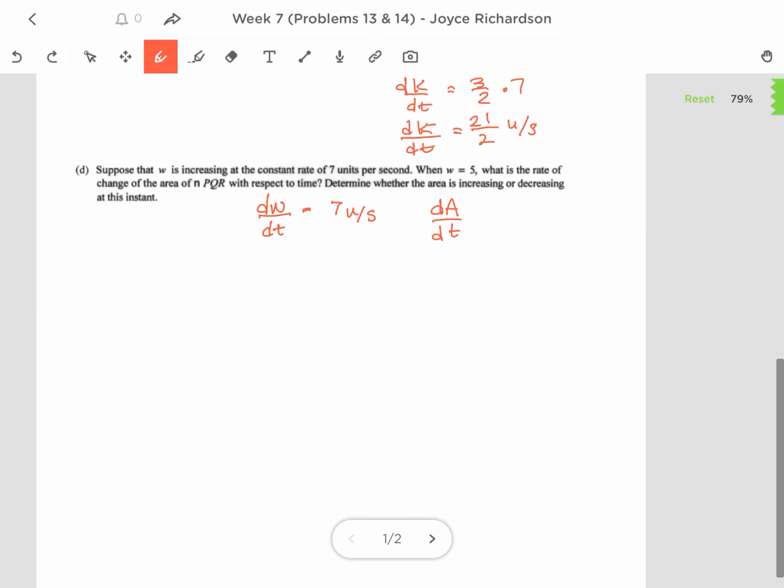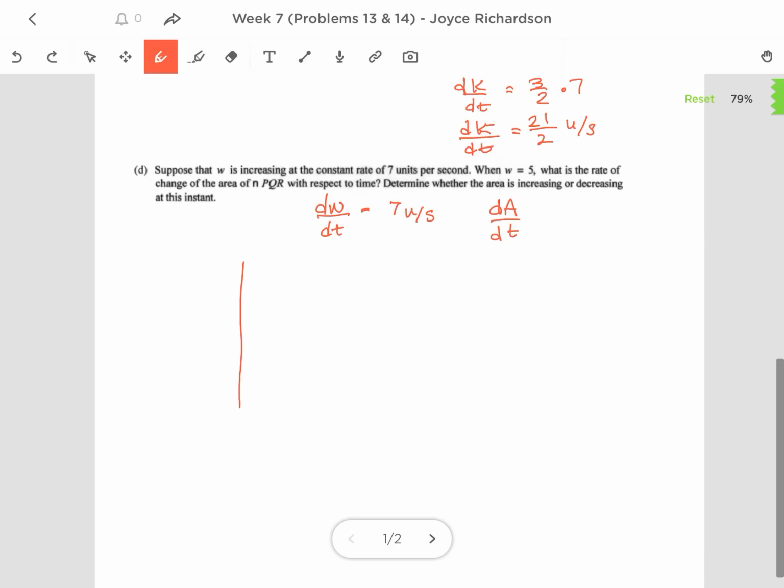If I look at this triangle that they're referring to, this right here is w. This right here is k. This point right here is P. And that distance right here is 1 over w squared, because P is the point (w, 1 over w squared).